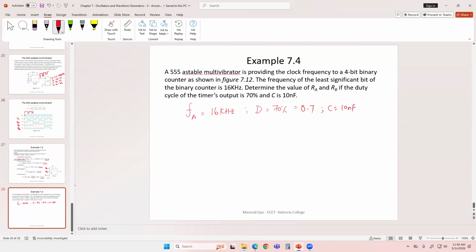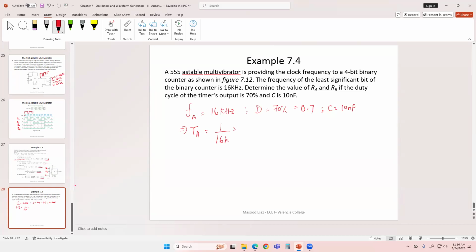Okay, so FA is 16 kilohertz, which means the time period will be 1 over 16K. And what will be 1 over 16K?